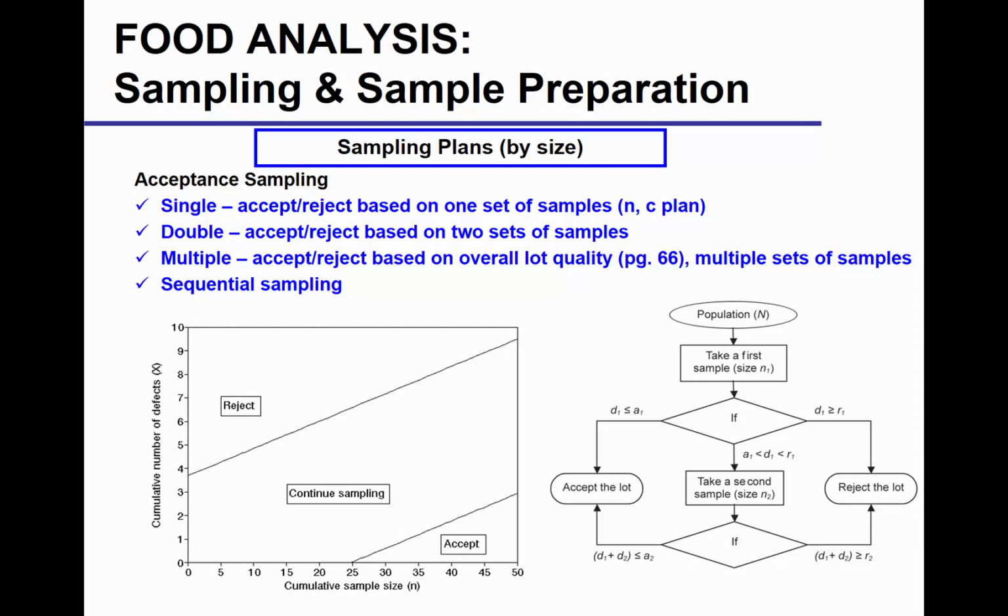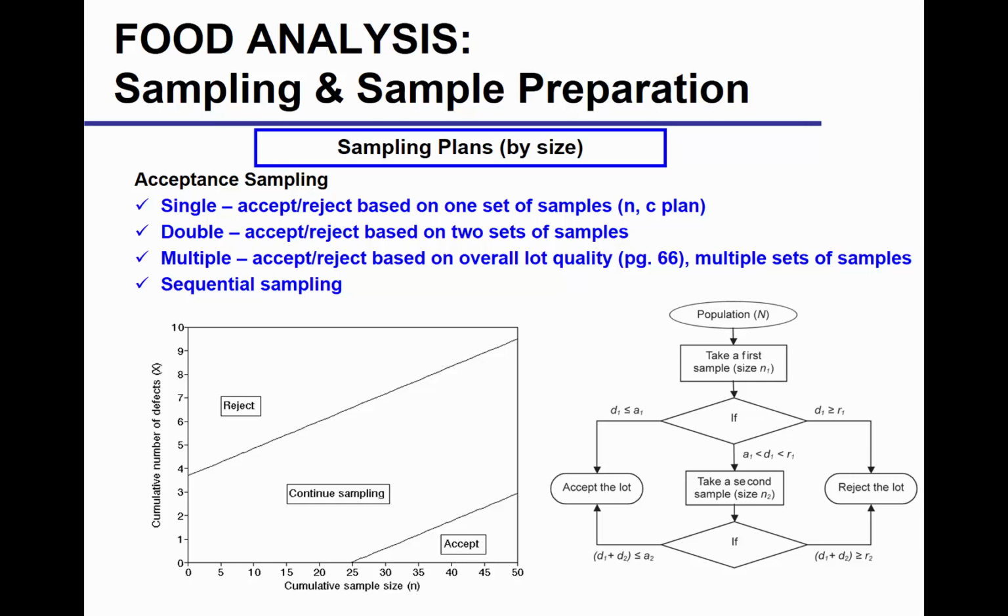Now, the multiple one is you start sampling, and then you count the defects. Based on the number of defects you get, you either stop sampling and reject. Let's say you took 5 samples and you found 6 defects. That's it. You stop sampling and you reject.